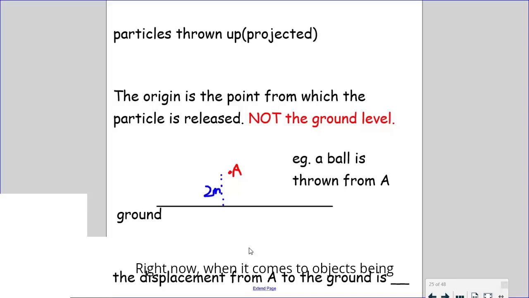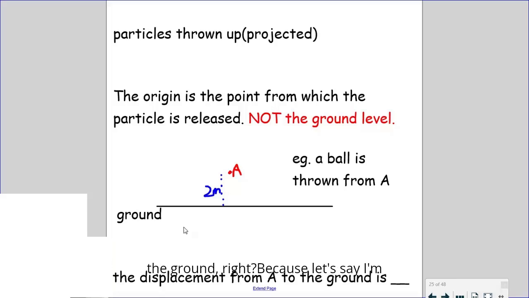Now, when it comes to objects being thrown up in the air, you might have situations where the object is projected from the ground. So let's say there's a machine on the ground which is projecting a particle upwards. Or you might have a situation where the question says Adam throws a ball from 3 meters above the ground.